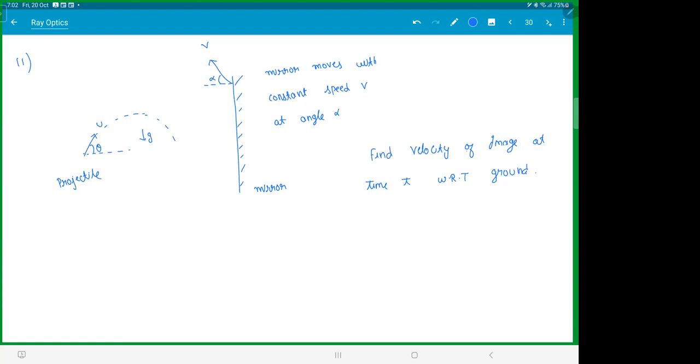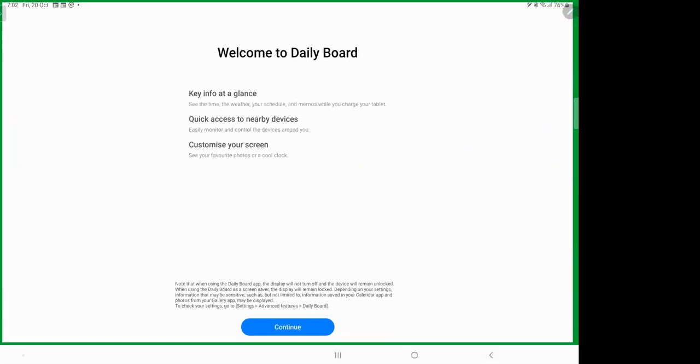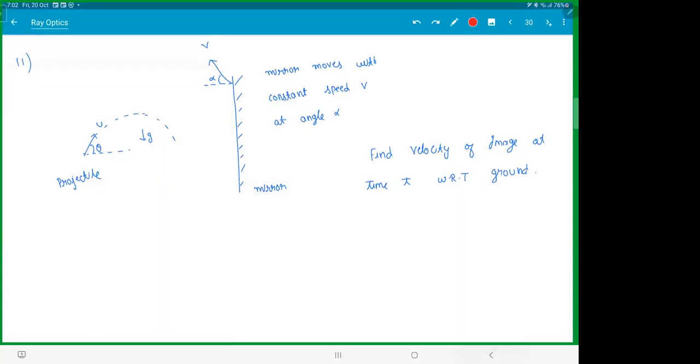There is no projectile on the mirror. You know what? The mirror is going with constant speed. The mirror is simply sliding like this. The mirror is just going like this. Try. 2 minutes. It's a good one.